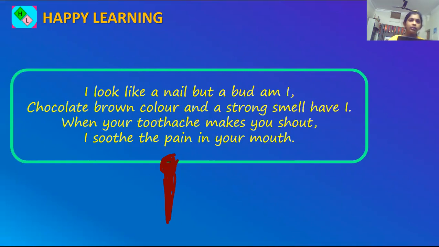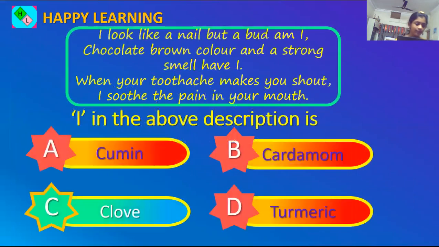When it's your toothache, it makes you shout, I soothe the pain in your mouth. So whenever you have a toothache, it soothes the pain in your mouth. Yes, it is clove. So our answer is clove. Let's see. Yes, it is the correct answer.